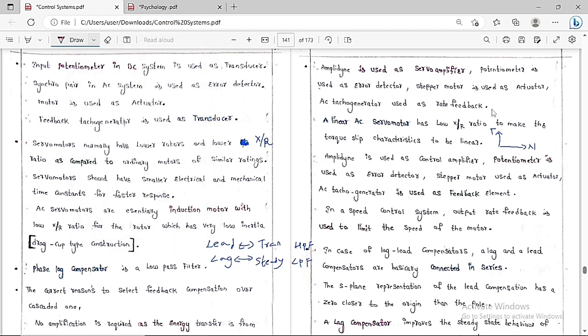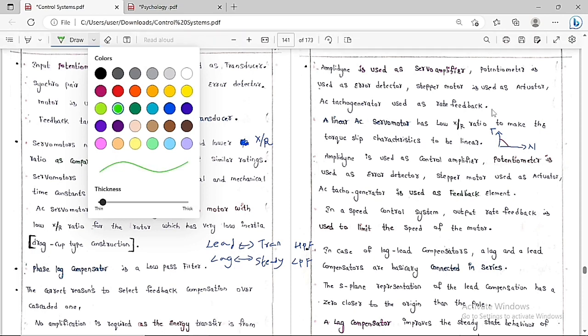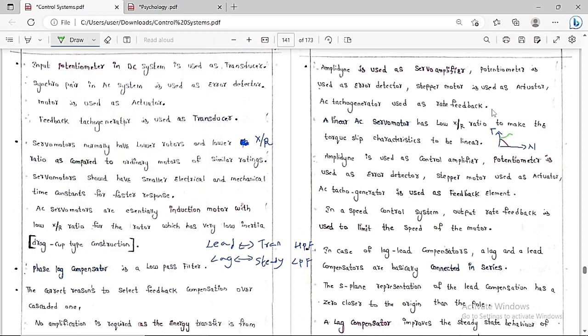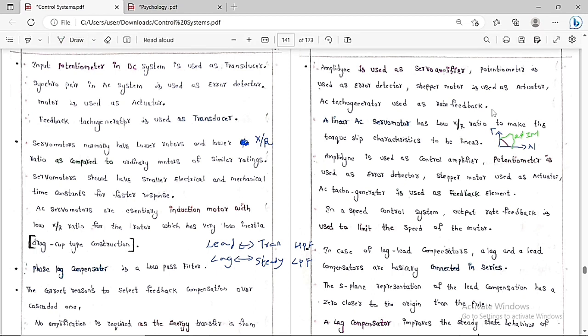So this is the torque speed characteristics of the servo motor, whereas the torque speed characteristics of the two-phase induction motor is like this one. So this is for the two-phase induction motor, and this is for the servo motor, as you can see clearly from this picture.